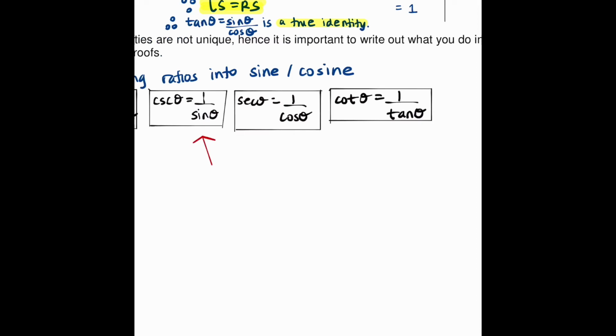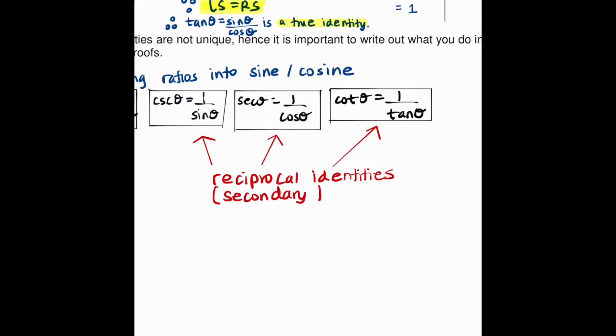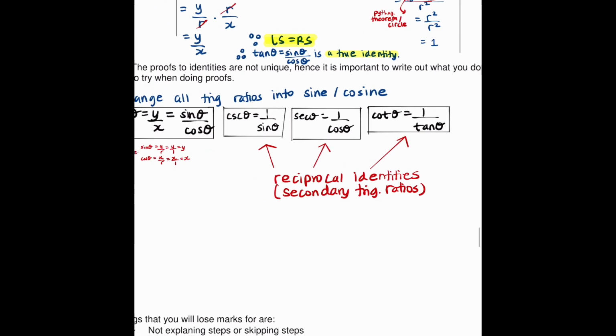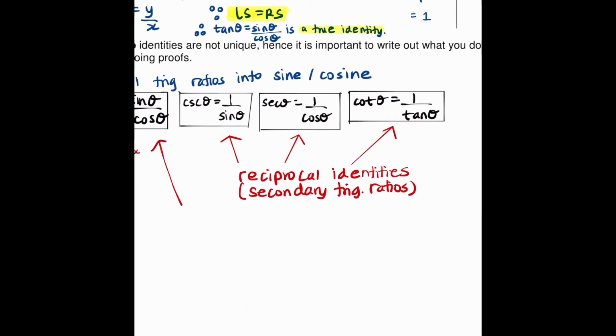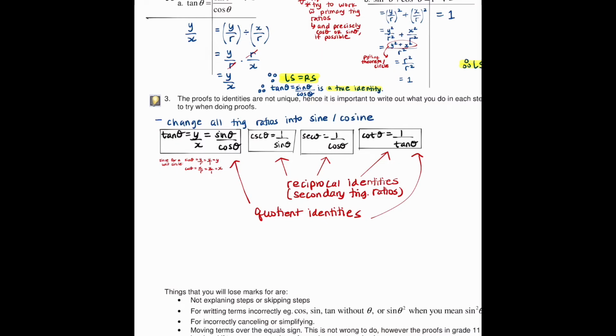All these three are the reciprocal identities, and in brackets, I'll write secondary trig ratios. It's basically coming from the fact that they're reciprocals, right? Meanwhile, for these two over here, they are coming from quotient identities, because you're using the fact that tan theta is based on y over x, and then you are filling in the information that you know for sine theta and cos theta.